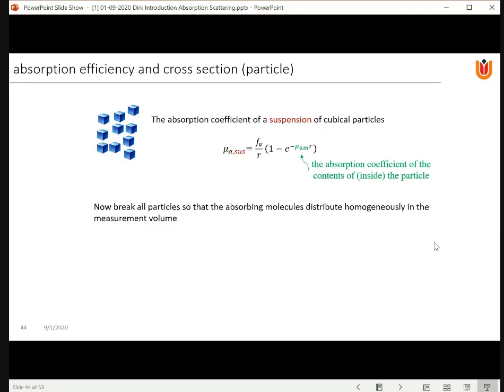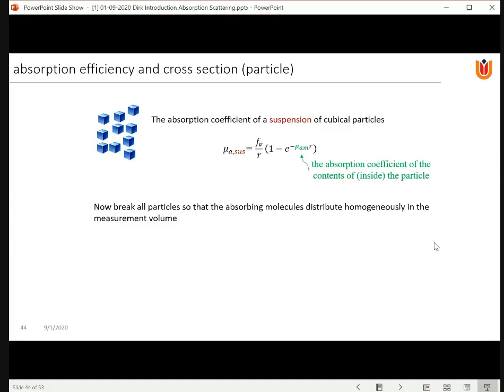Now, next question. Now let's break all these particles. So we have the same volume, but we break all the particles in such a way that all the absorbing molecules that were inside the particles now get distributed homogeneously throughout the measurement volume.